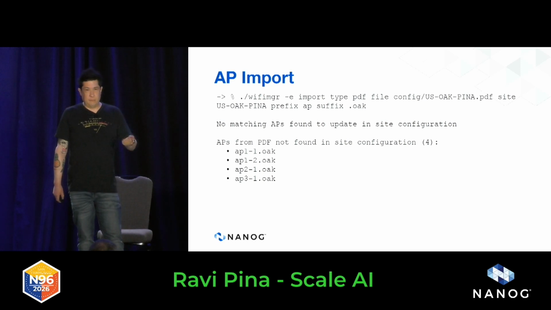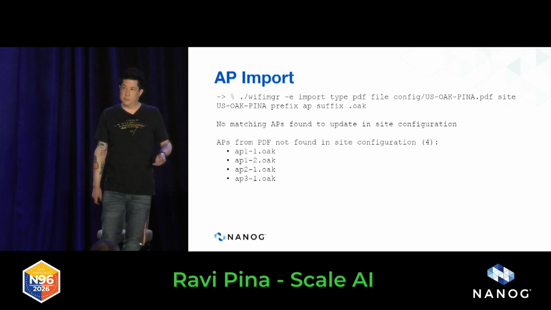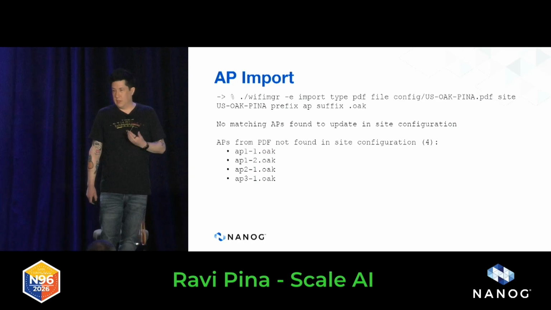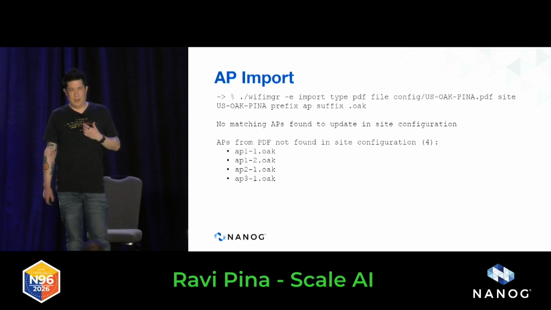So in the configuration, if I'm not defining these 4 APs, it's going to give you an error saying, well, cool, you're trying to import these APs, it'll do it, but it's actually not going to do any configuration when you apply the config, because you didn't explicitly say that I want to manage these APs. So that can give you as an operator a little bit more comfort of not trusting me because I'm just some guy who wrote this tool.